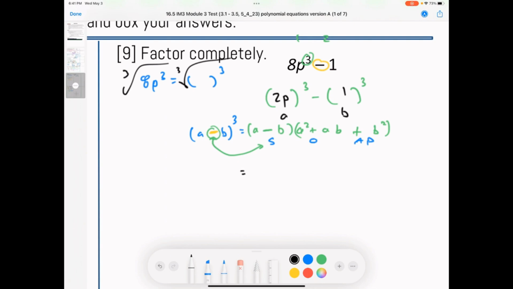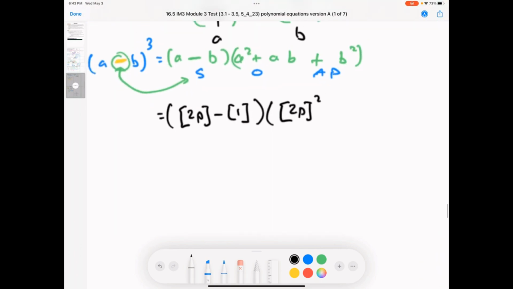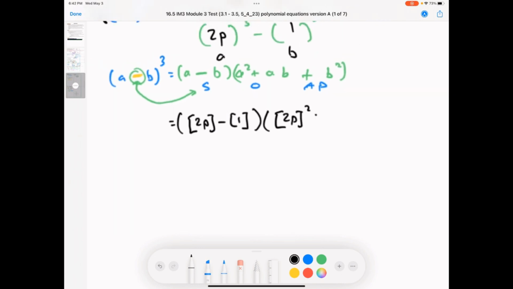Okay, now I'm going to do my substitutions, and every time I do a substitution, I'm going to put it in a bracket. A value is 2p. Our B value is 1. A value is 2p, and we're going to square that. If you don't do that, you'll think the answer right there is 2p squared, which is incorrect.